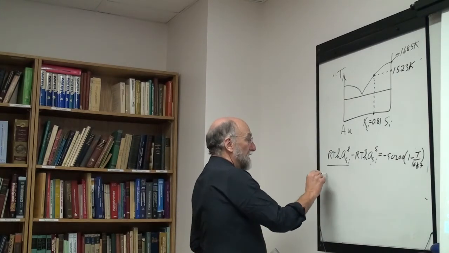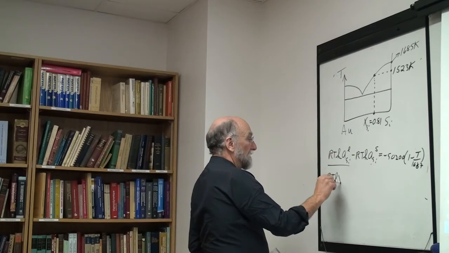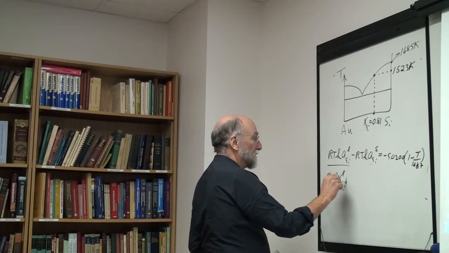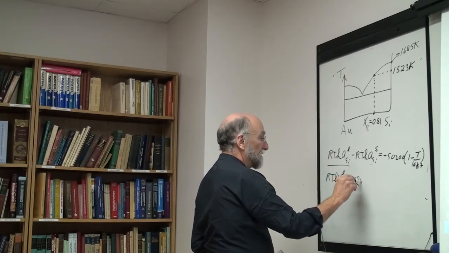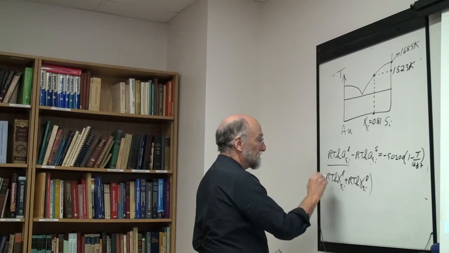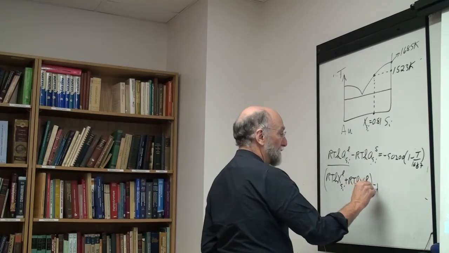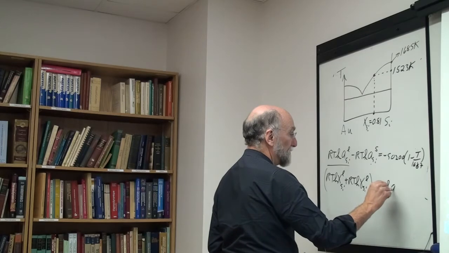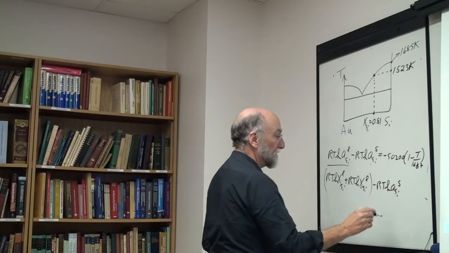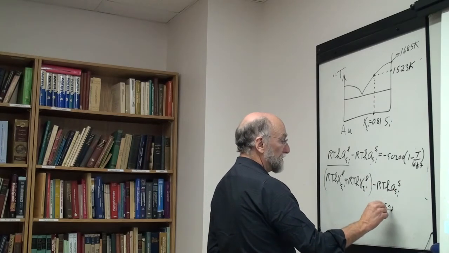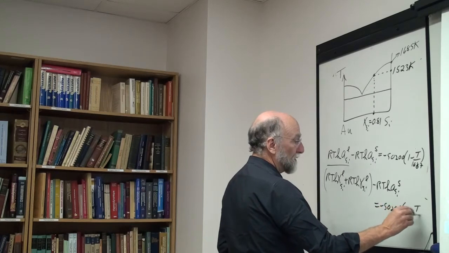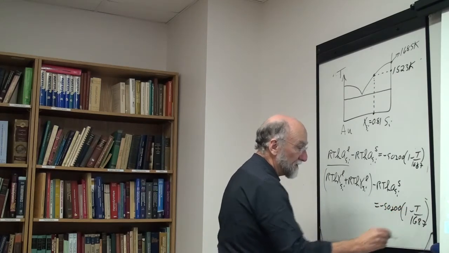And now RT log activity is equal to RT log X silicon on the liquidus plus RT log gamma of silicon on the liquidus, minus RT log activity of silicon on the solidus, which I'm not going to expand, equals minus 50,200 (1 minus T over 1687).